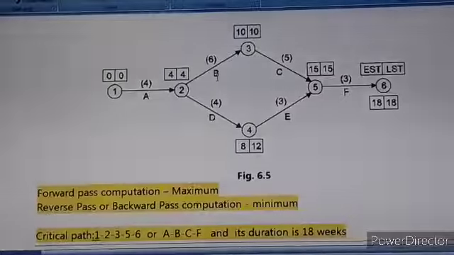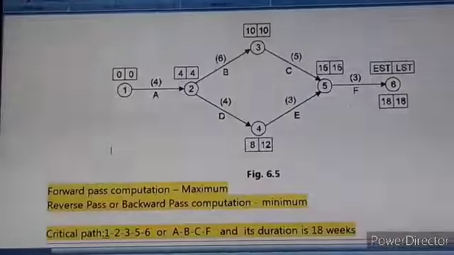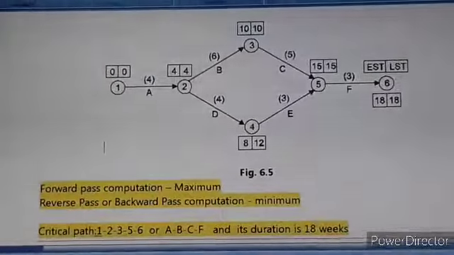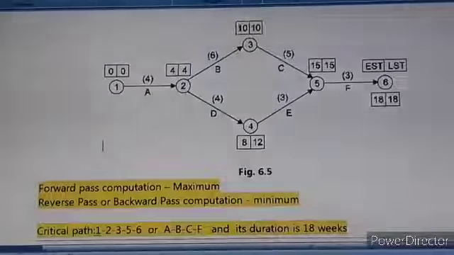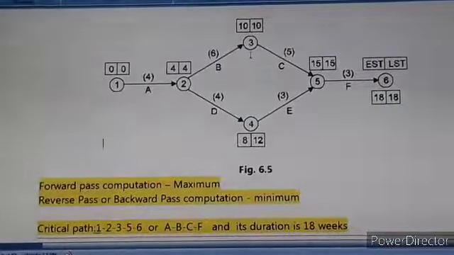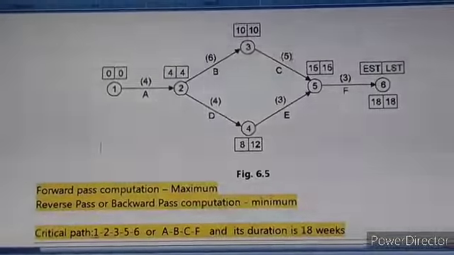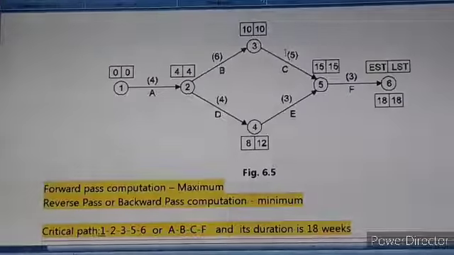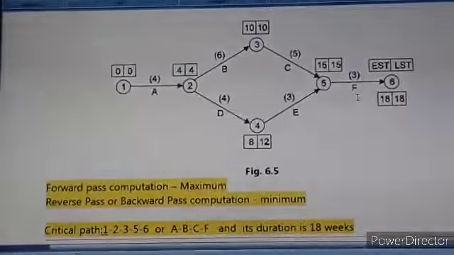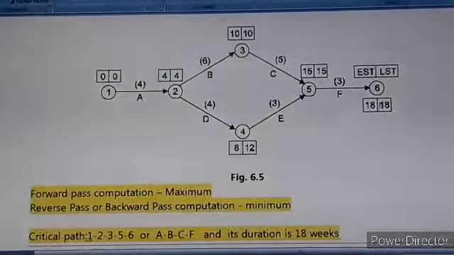Again for B, the earliest start time is 4 and the earliest finish time is 4 plus the duration of activity B, so 4 plus 6, 10, that is written here. Then similarly for activity C, 10 plus the duration of activity C, 5, so 10 plus 5 is 15. Again for activity F it is 3, so 15 plus 3 is 18.